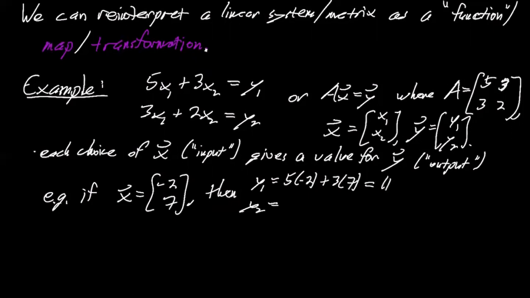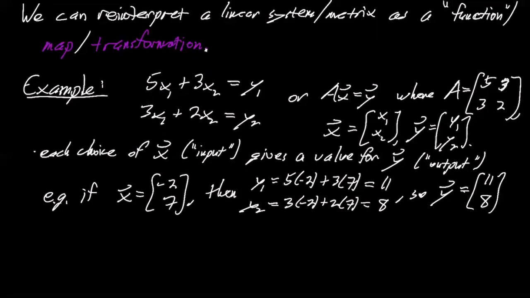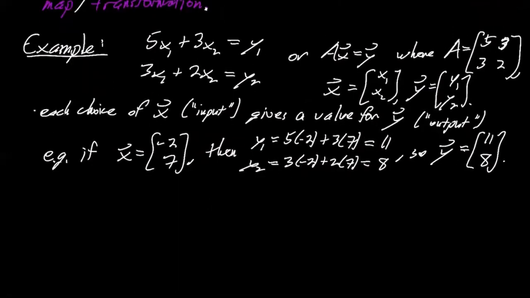And then y2, we plug in -2 for x1 again and 7 for x2 again. 14 minus 6 is 8. So if we input the vector -2, 7, we get out the vector 11, 8. It's like a function.